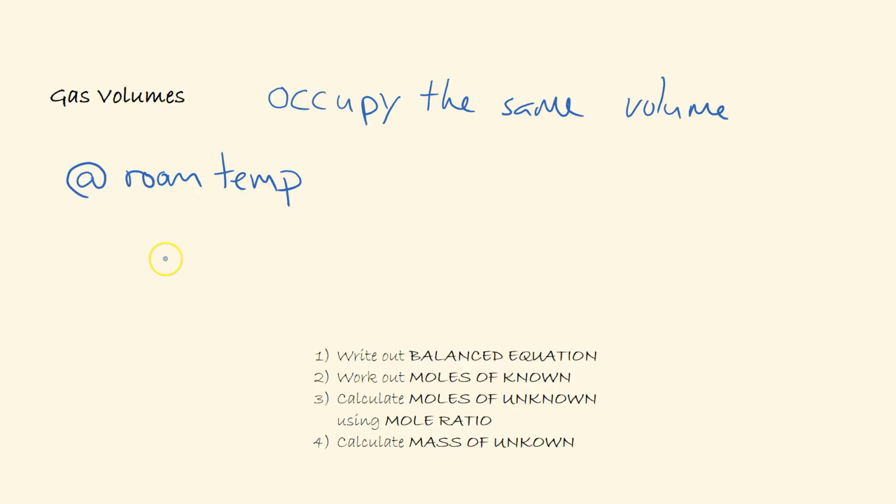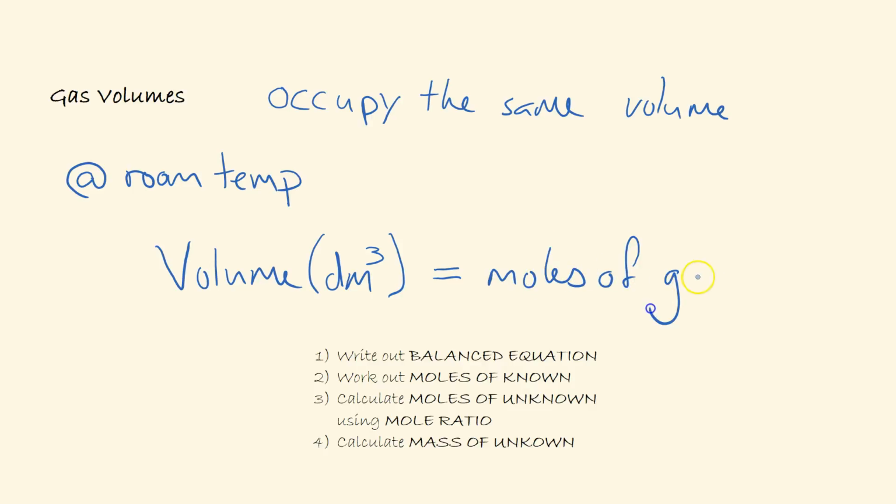And what we find out is that the volume of any gas in decimeters cubed is equal to the moles of that gas multiplied by 24. That's if we're dealing with things in decimeters cubed.